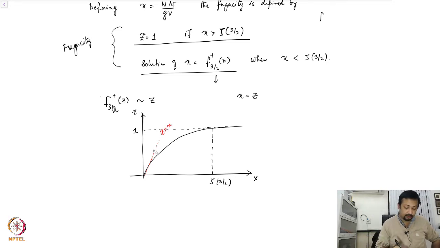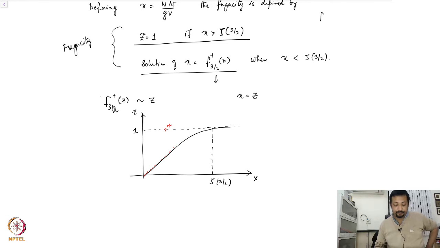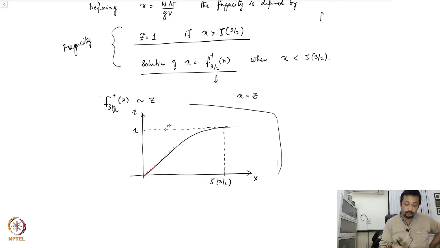Not really drawn to scale, just a schematic, so let's quickly draw it. For small enough x I'm going to have this, and you expect that the curve becomes something like this. So let's shift it a little bit to the right so that we can see that this is going to be your zeta 3/2. So this is how your curve should look.